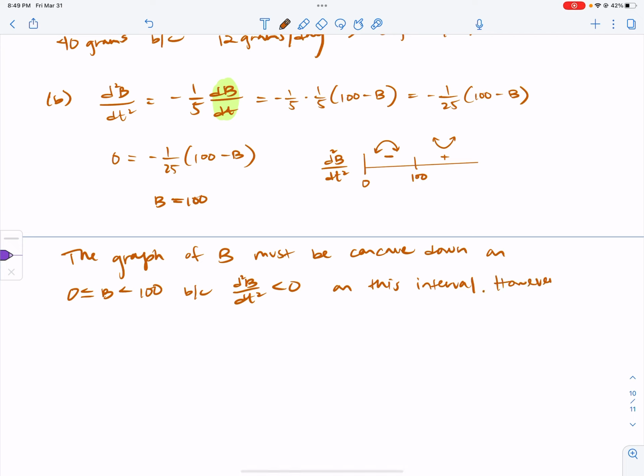However, the given graph is concave up on part of this interval.